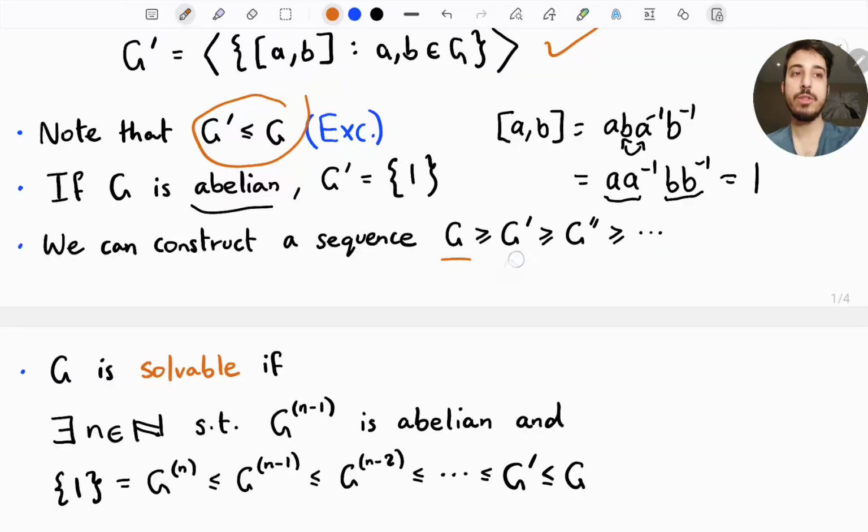So how do we differentiate between a finite number of times or an infinite number of times of taking the commutator subgroup?